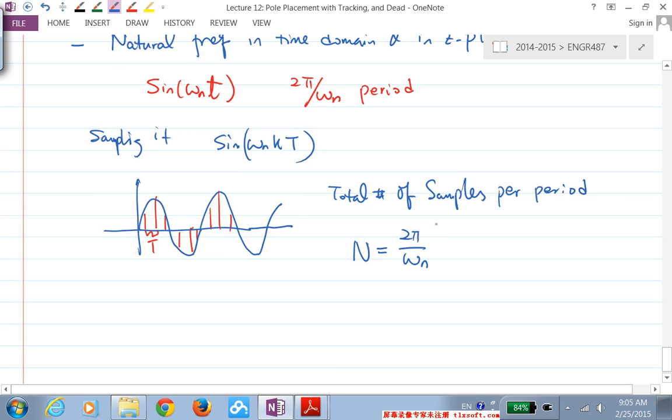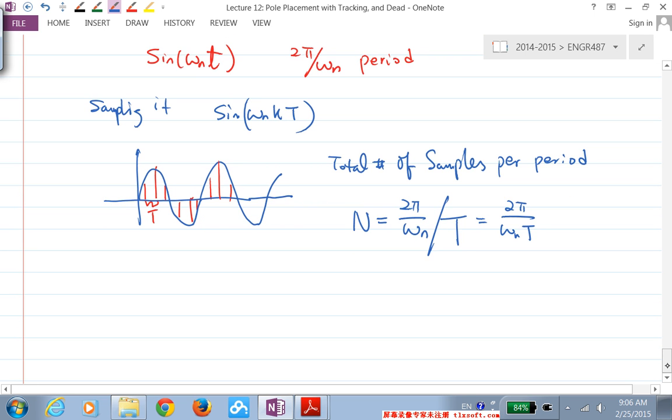You have this much period, with samples separated by T. So we use the period divided by the interval. That's the total number of samples per period.